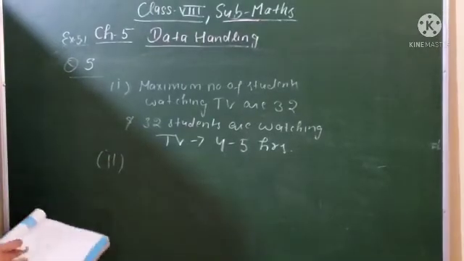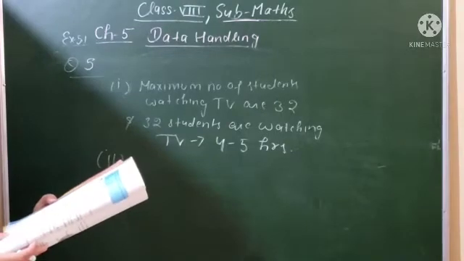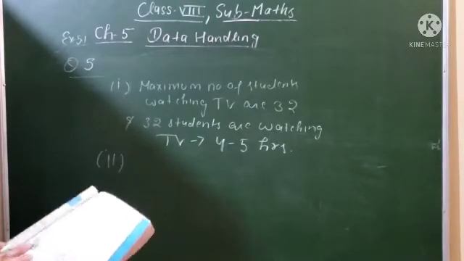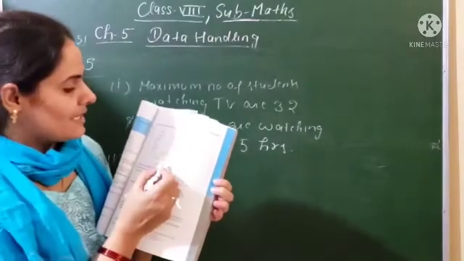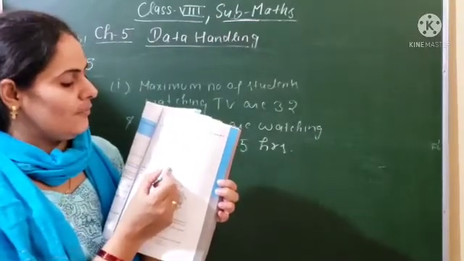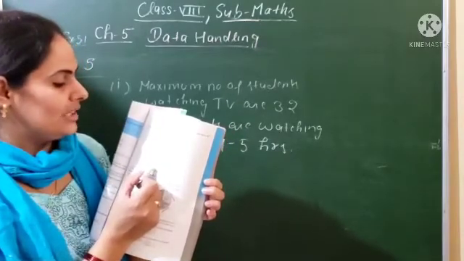Second part. How many students watch TV for less than 4 hours? Less than 4 hours means you will take till 4, that is 1 to 2, 2 to 3, and 3 to 4.